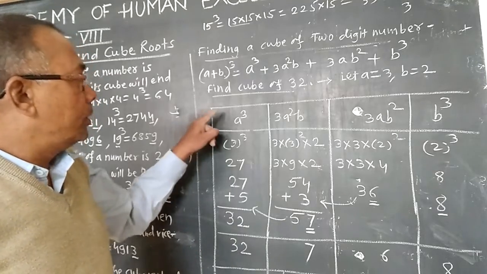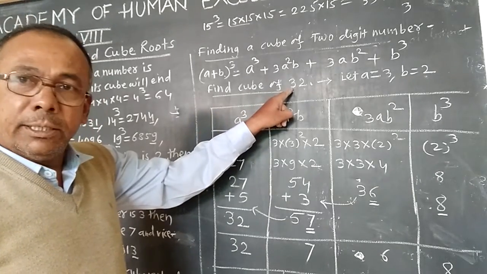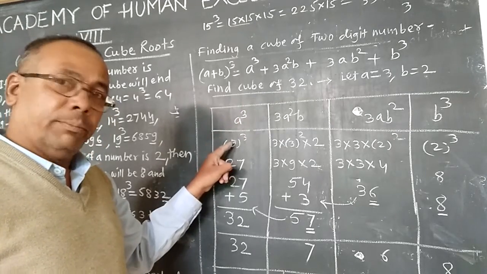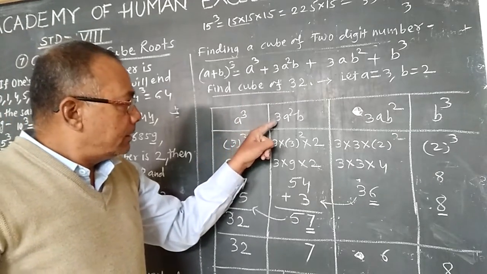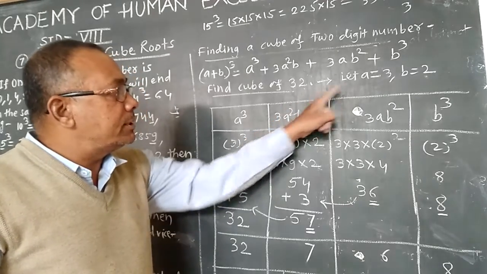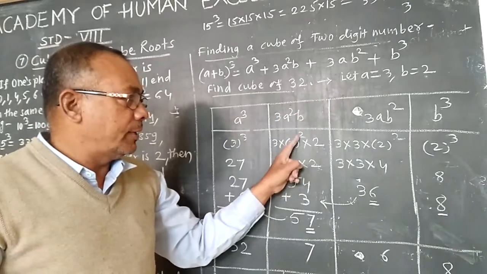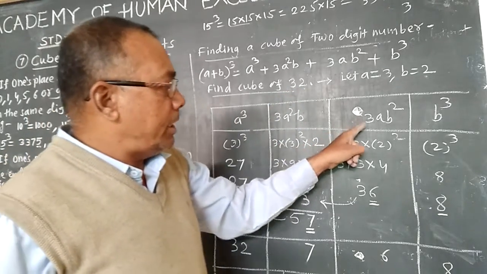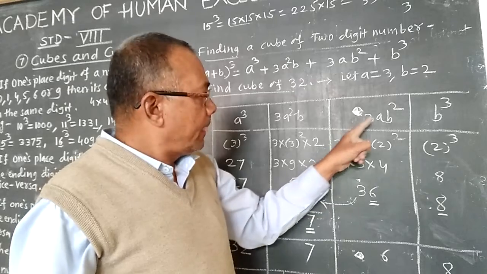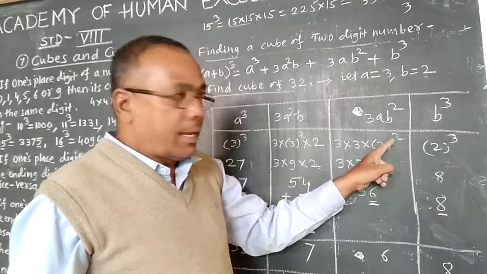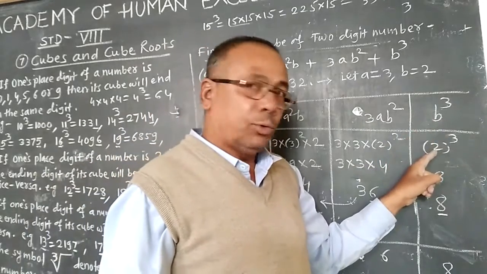Now we have considered that a is equal to 3, so a cube means 3 cube. Then 3 as it is into a square, means 3 square, into b which is 2. Then 3 as it is into a which is 3 into b square which is 2 square, and again b cube is 2 cube.